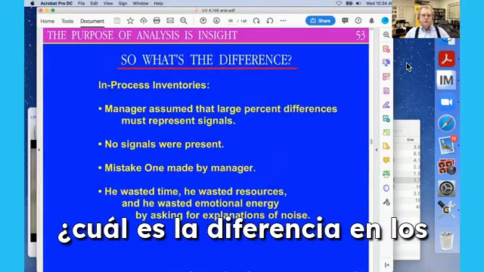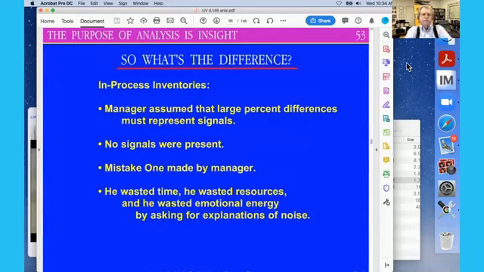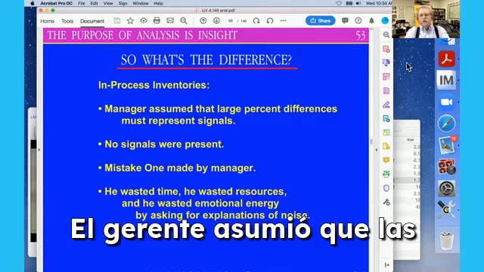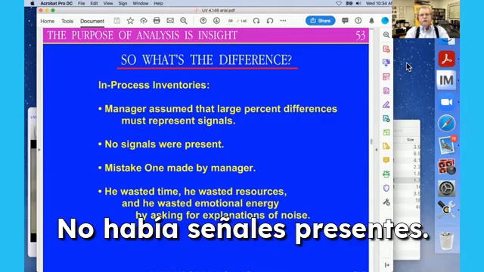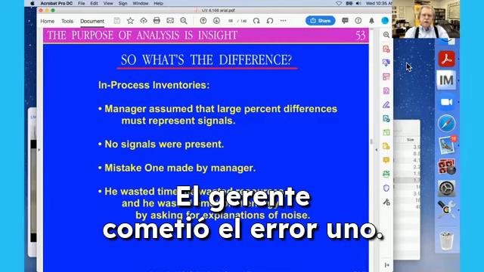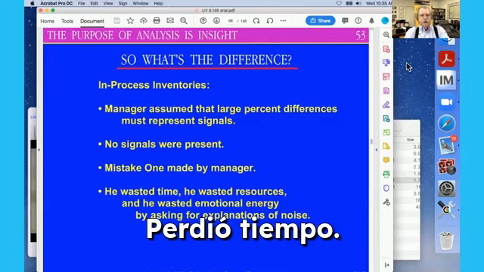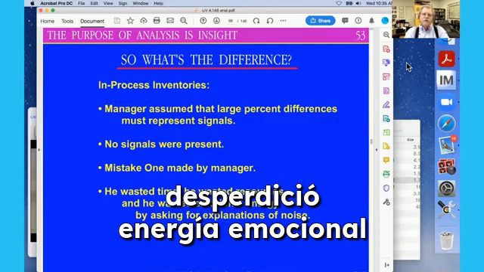So what's the difference? In-process inventories. Manager assumed that large percent differences must represent signals. No signals were present. Mistake 1 was made by the manager. He wasted time. He wasted resources.